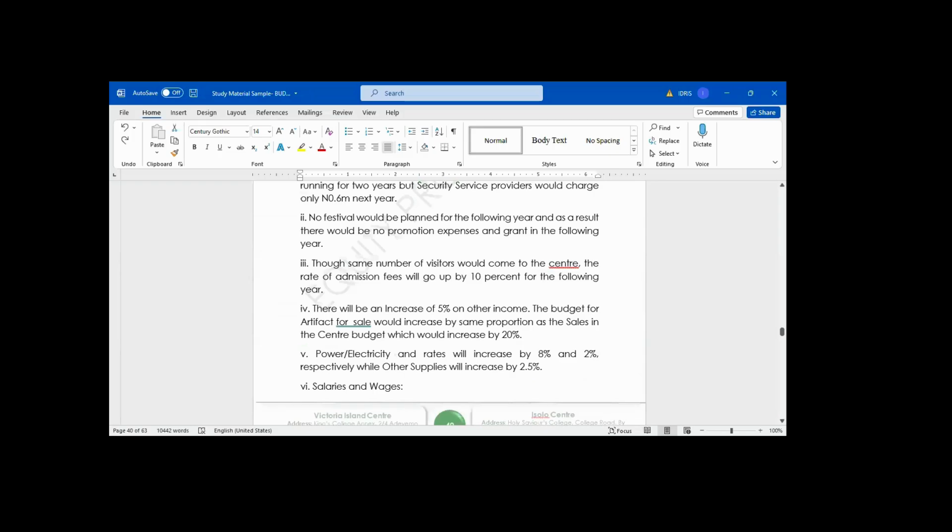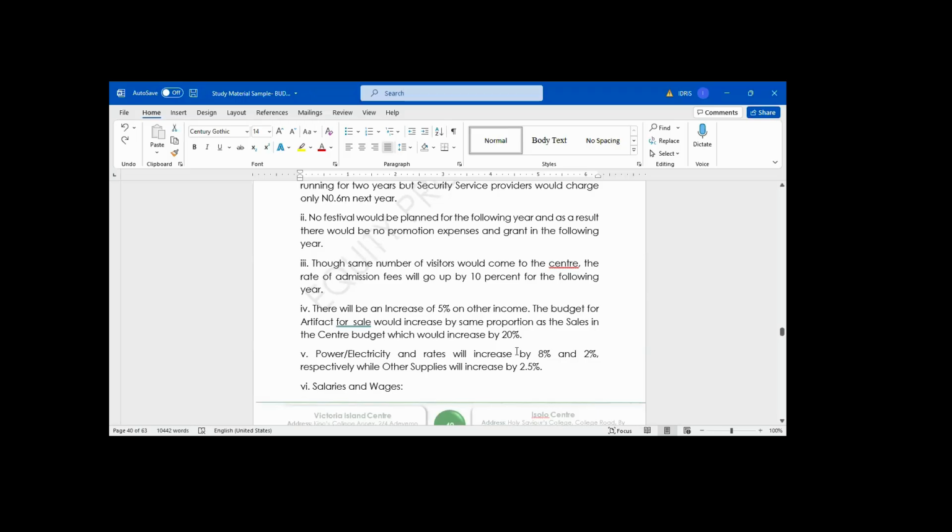Note 5, where they mention anything on rates. Can you see note 5? They said power/electricity and rate will increase by what percentage? 8% and 2%.